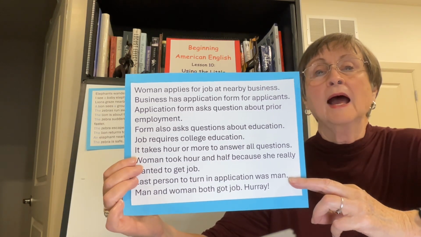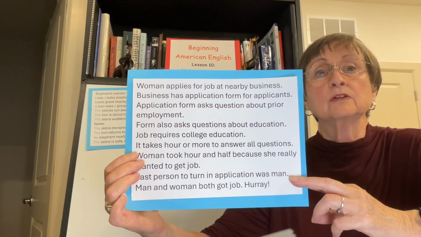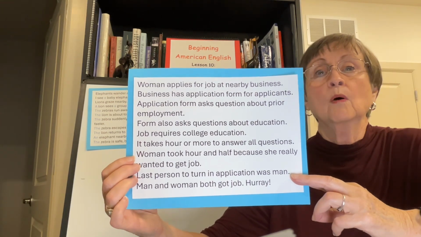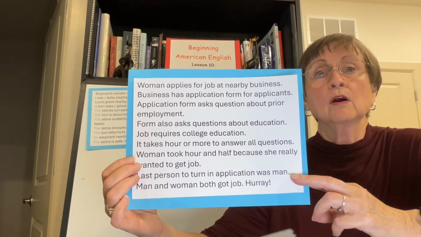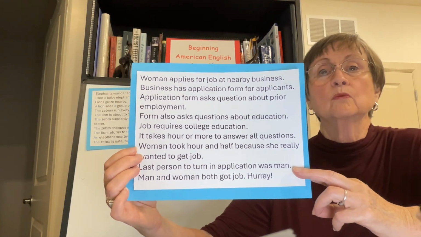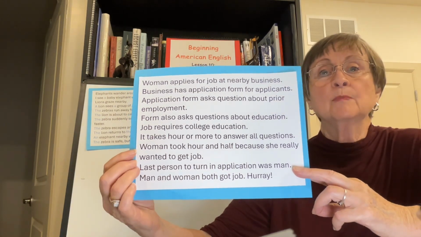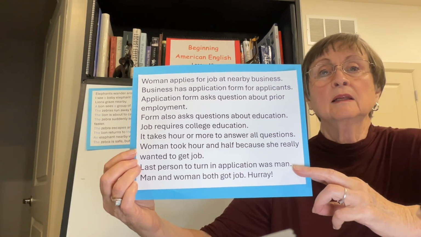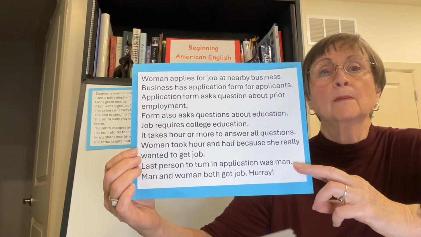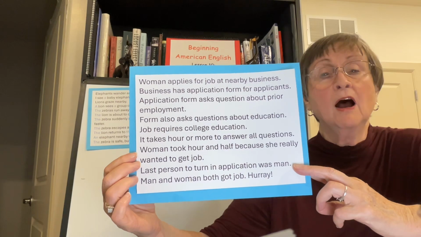It takes an hour or more to answer all questions. Woman took an hour and a half because she really wanted to get job. Last person to turn in application was man. Man and woman both got job.